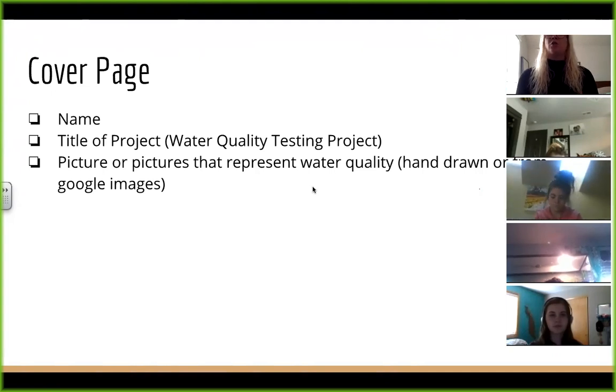And then a picture or pictures that represent water quality. So if you're doing a paper book, you could hand draw or design those pictures. You could also use Google Images, right? You could even put videos, right? This is your cover page, so make it cool, make it creative. I'm not going to give you time right now to make it, but that is something that you're going to be doing for the final part of this.